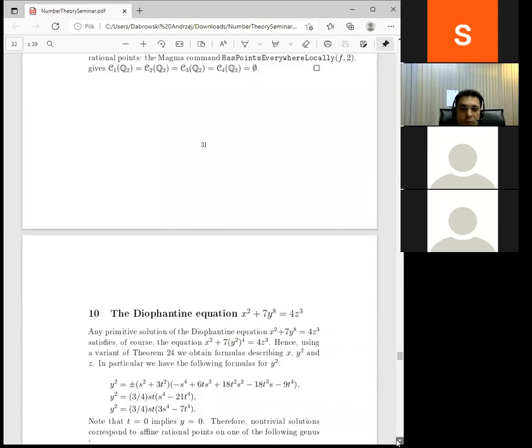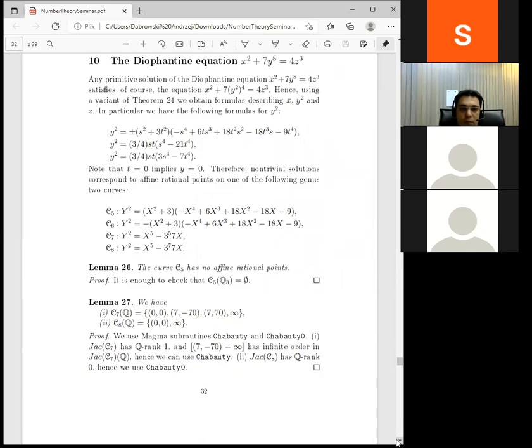Now let us consider the second theorem, the second different equation. So again, we can parameterize all the solutions, or the triples, for the different equation where 8 is replaced by 4, and use it to produce 4 genus 2 curves.